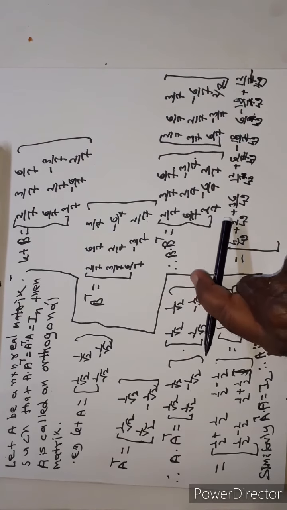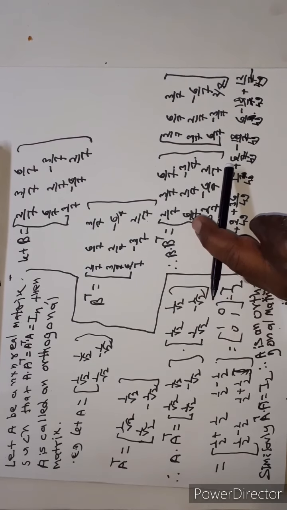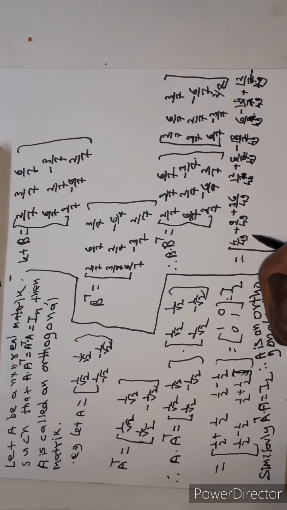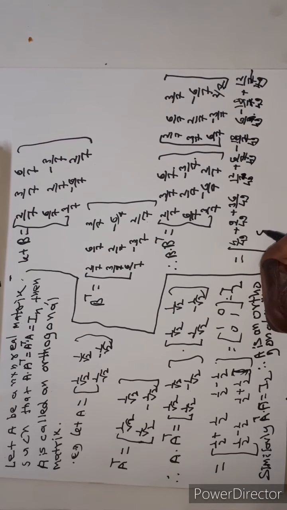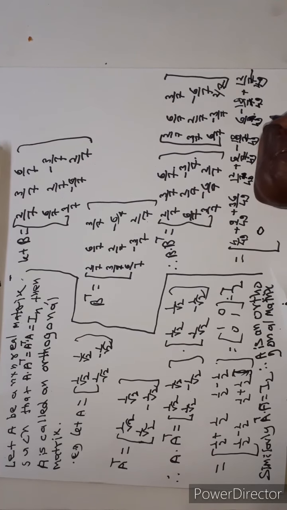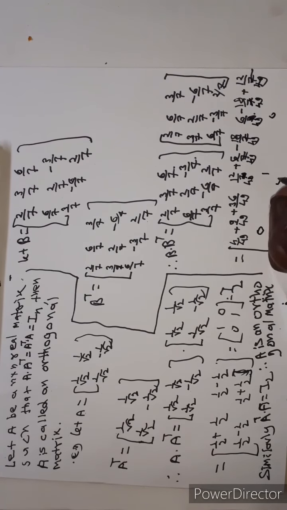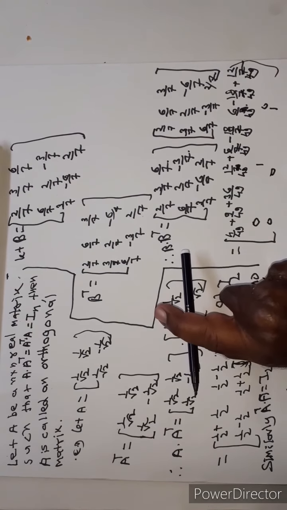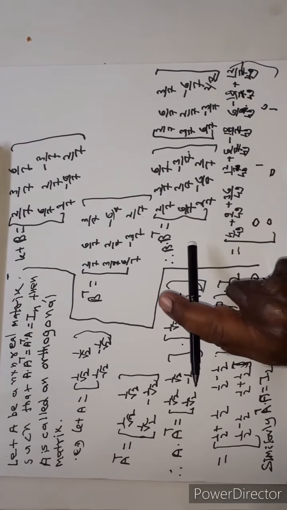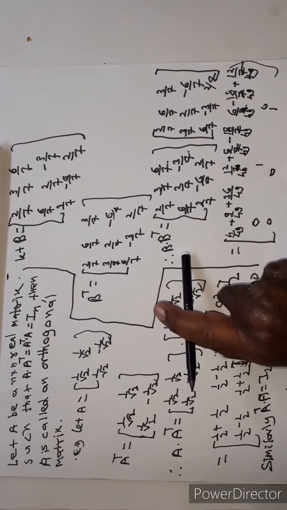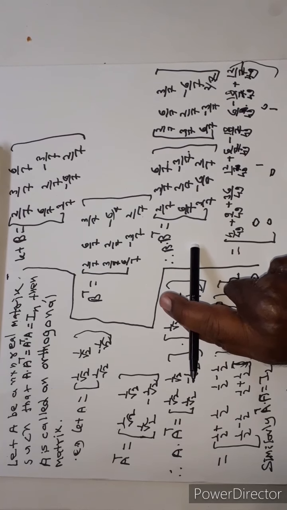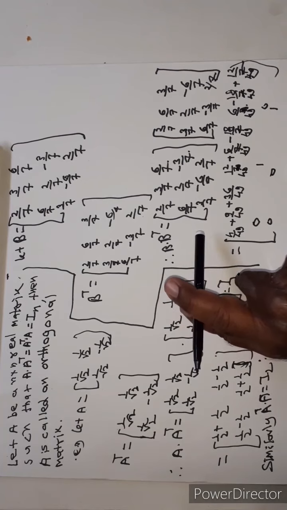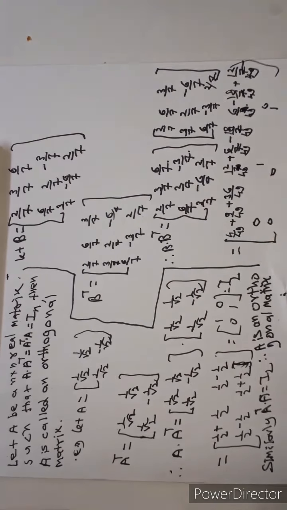Now see here, this first term is equal to 1, this is equal to 0, this is equal to 0, and similarly if we perform multiplication here we get 1 0 0, 0 1 0, 0 0 1, and therefore B transpose is equal to identity matrix of 3 by 3 order. Similarly B transpose into B is equal to identity matrix of 3 order, and therefore B is an orthogonal matrix because B into B transpose is equal to identity matrix.